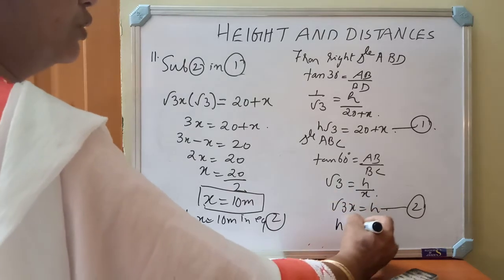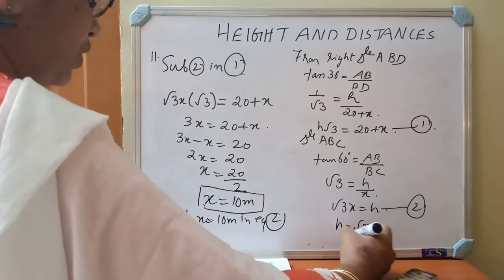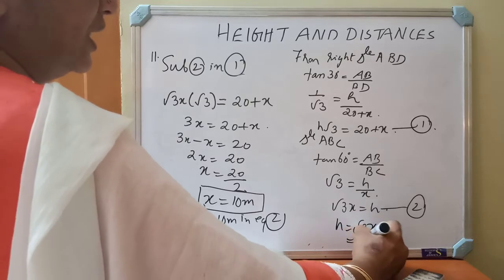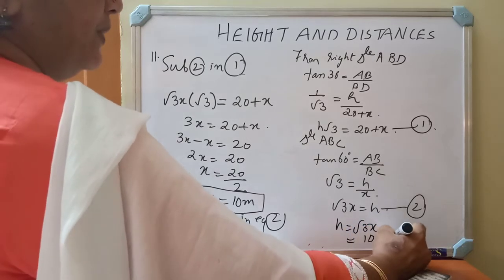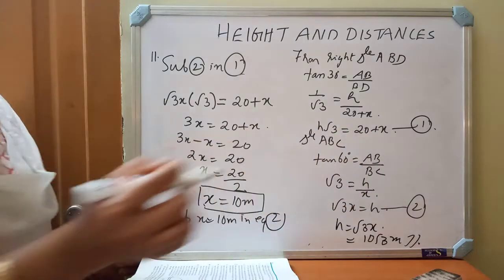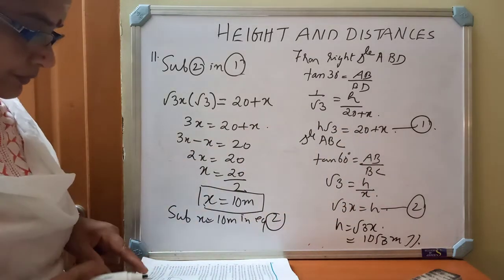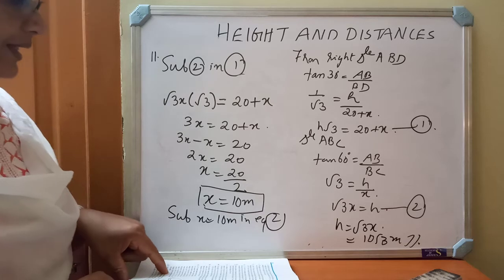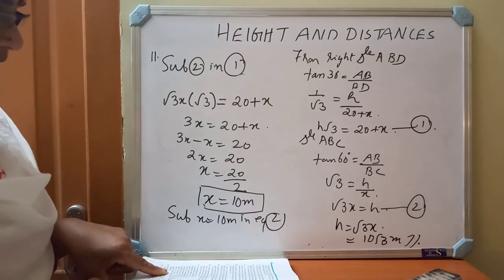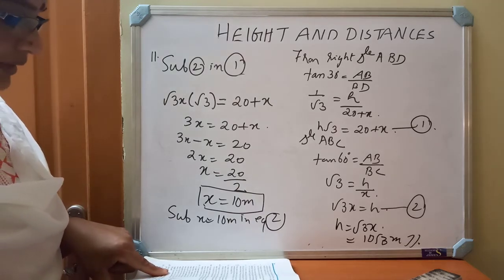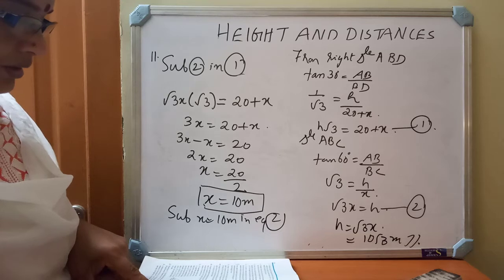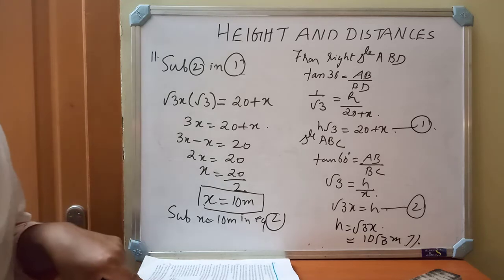H is equal to root 3x, that is root 3 into 10, that is 10 root 3. So the height of the tower is 10 root 3 meter and the width of the canal is BC. We got it. What is that BC? 10 meter.